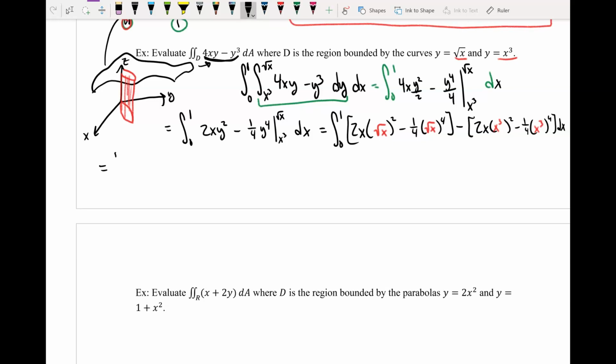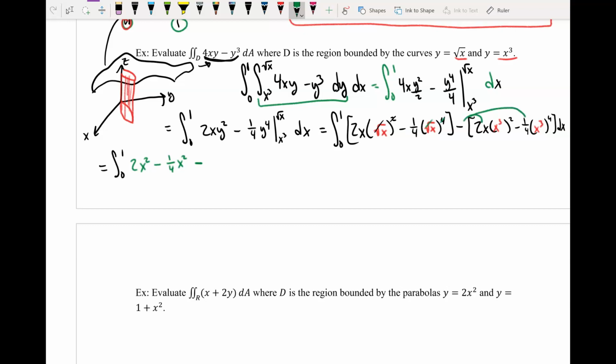All right, so this is going to give me the integral from 0 to 1. This guy just goes away, and I'm just going to be left with 2x squared minus, so this one you're going to have an x squared left, because this is to the power 1/2. 1/2 times 4 gives me 2, so it's going to be 1/4 x squared minus, so I'm going to distribute this negative to both of these guys.